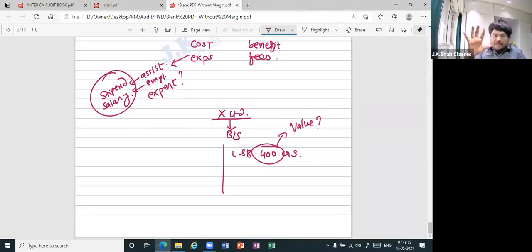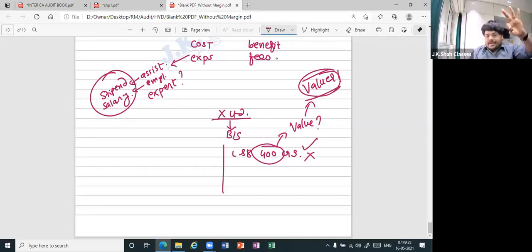Now, I am auditor. I'm not valuer. I don't know valuation. So I will go to a registered valuer and tell the valuer, can you help me? Then the valuer will ask me for some information. Where is the land and building situated? What is the area? Then the valuer will tell me the approximate value. And then I will come to know whether the value is correct or not.